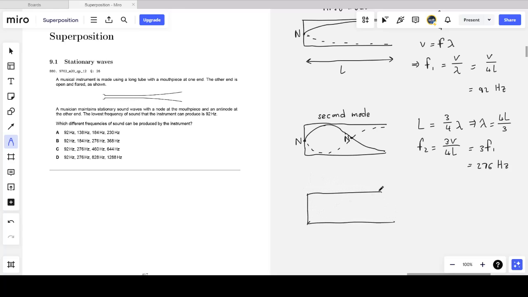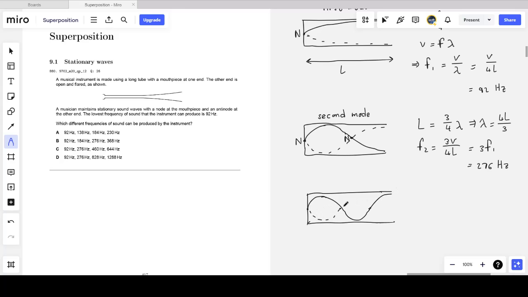And so the third mode of vibration is going to be one where I have 3 nodes. So I'm going to have a node and another node and another node, but I must have an antinode at the end. And so a node at the closed end, 2 more nodes, and then an antinode at the open end.